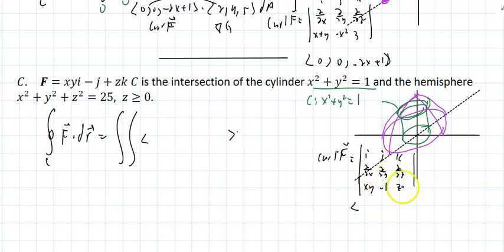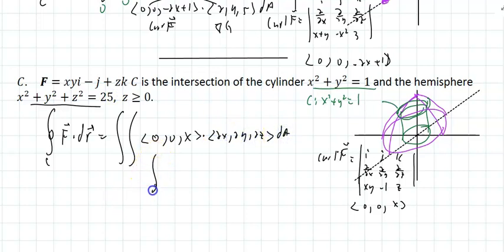And that is a 0, a 0, and an x. So that's going to be 0, 0, x, if I'm not mistaken. And I'm going to dot that with, there it is, 2x, 2y, 2z dA.